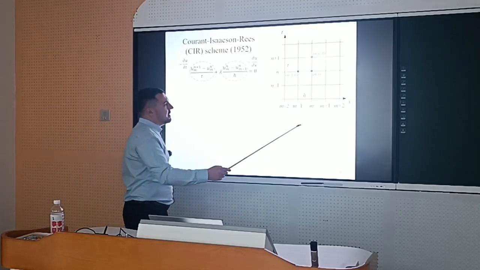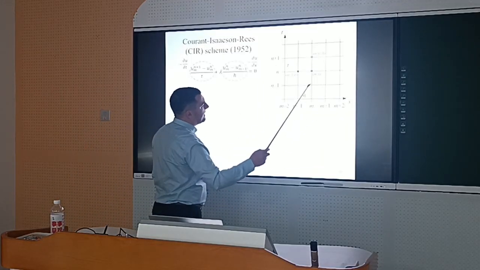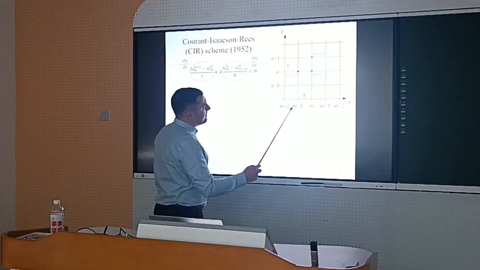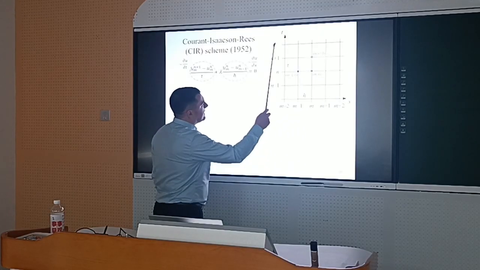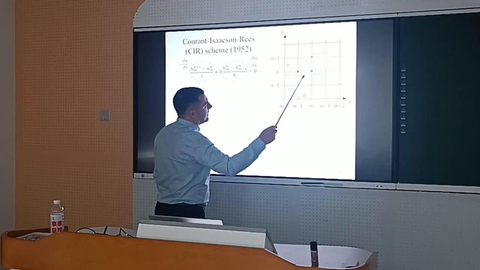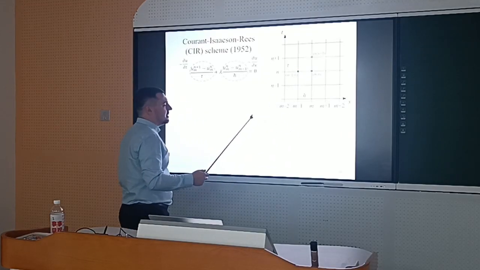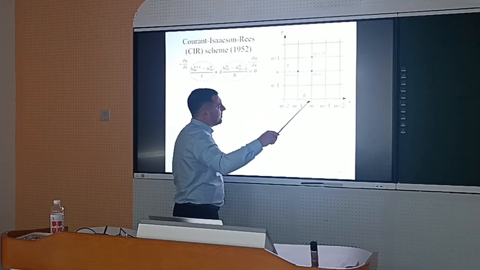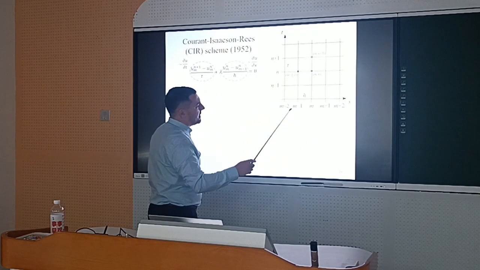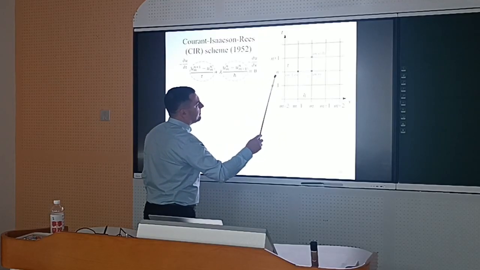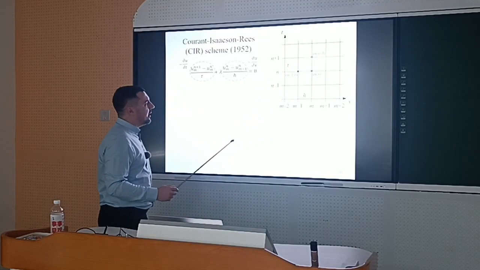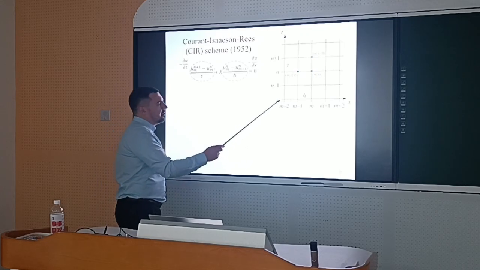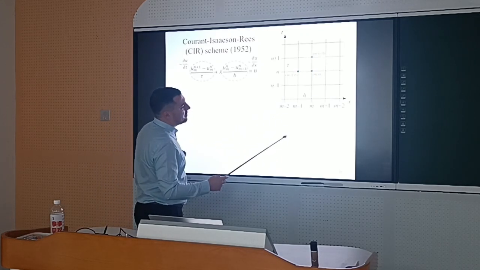So we will use this xt space. So m is the space index, and n is the time index, and the dot is the point m, n. So it means that we analyze the numerical solution at the point with space coordinate x_m for the time level t_n. And suppose that we have the uniform computational grid.